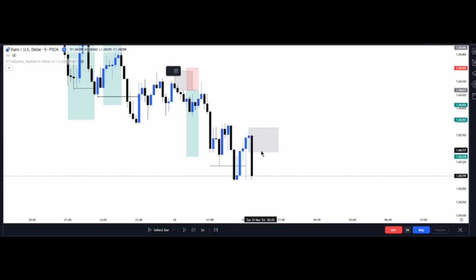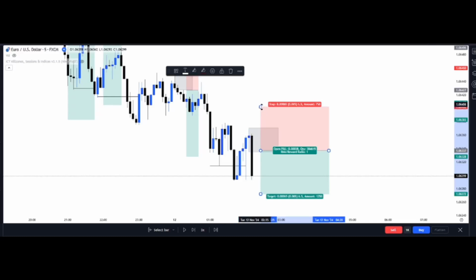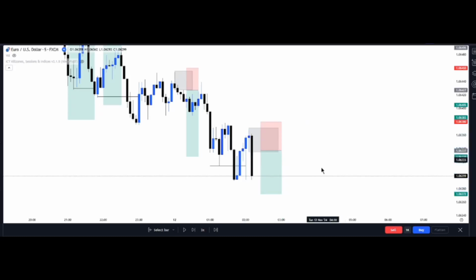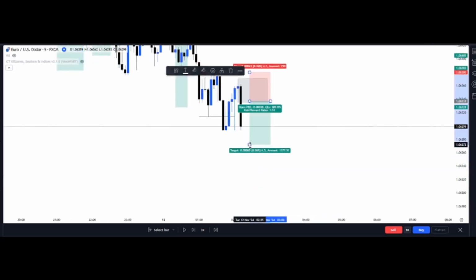So your stop loss just above, give a buffer to your stop loss, and 1 to 3. I hope you've seen what we are doing. Let's see 1 to 3 there.